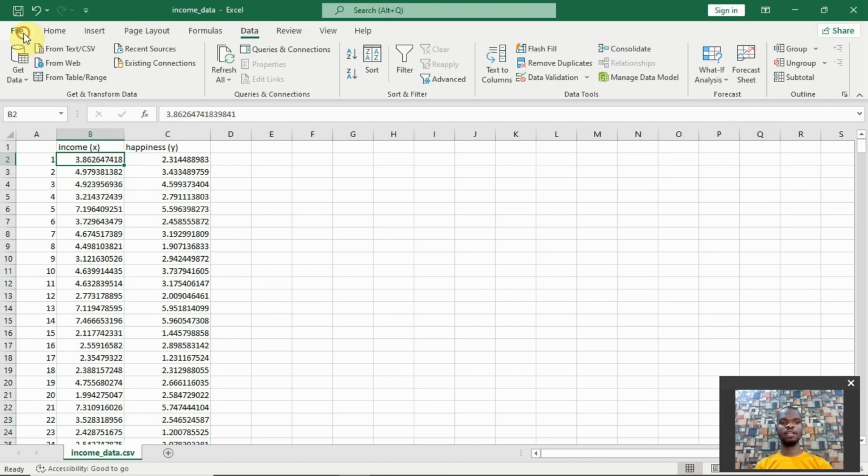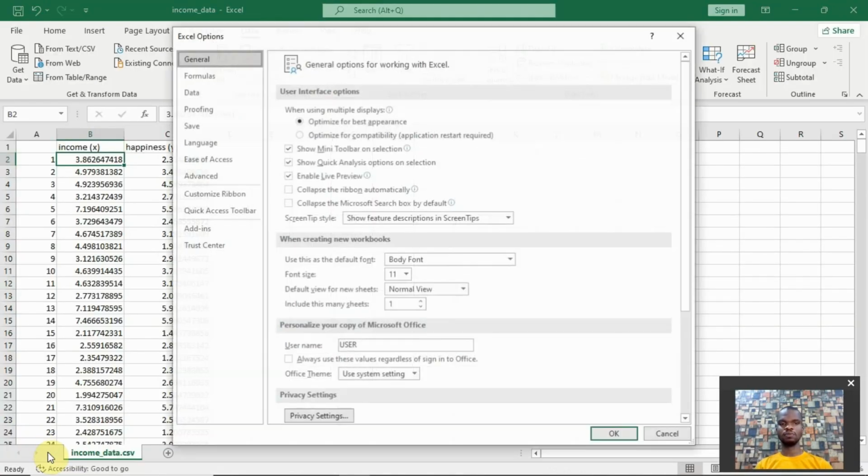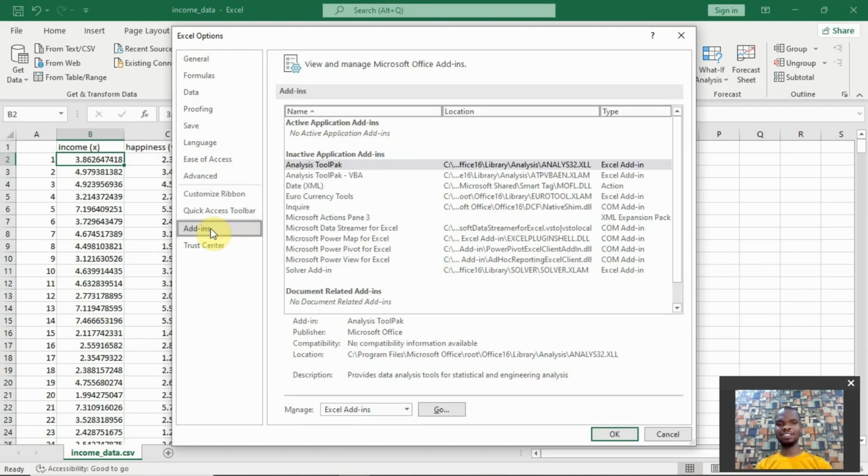So go to File, go to Options, select Add-ins because it's a data analysis add-in that is not available yet. So you can see it here. Now, if you want to add any add-in to your Microsoft Excel, you check for what type that particular one is.